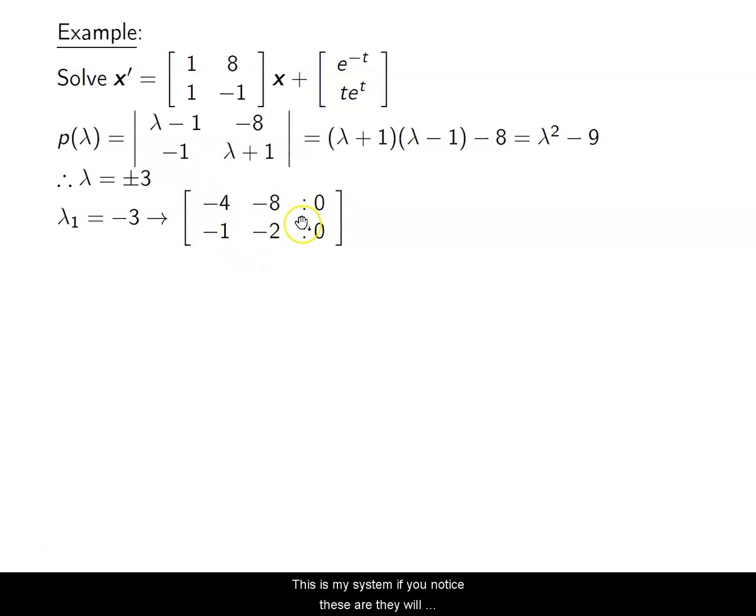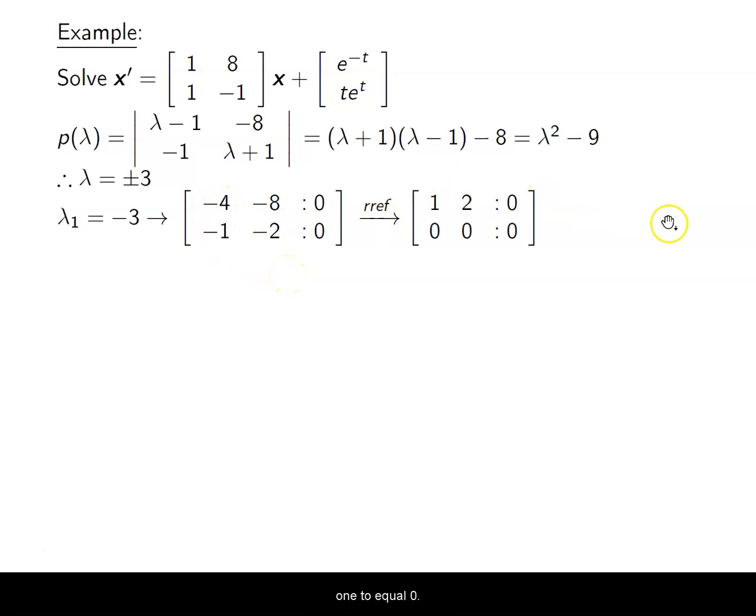If you notice, the rows will always be constant multiples of each other in some form. So I should get x1 plus 2x2 equals 0. That gives me x1 equals negative 2x2. If x2 is 1, x1 is negative 2, so my vector is negative 2, 1. That's my first eigenvector.